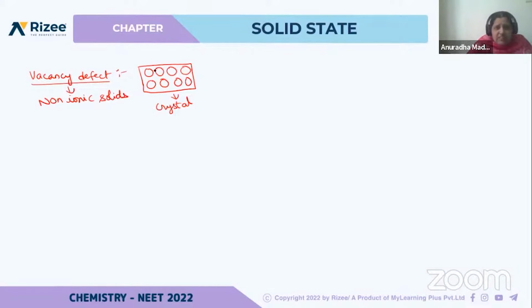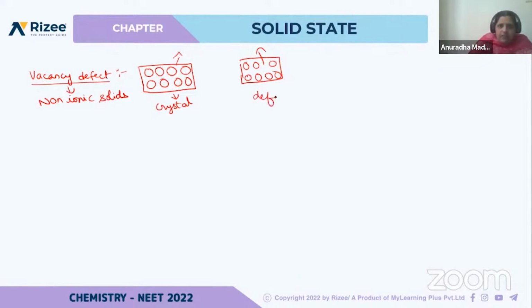But in this crystal, if any place is vacant, this place is vacant. When in a non-ionic solid some of the lattice positions are vacant, then that is called vacancy defect.